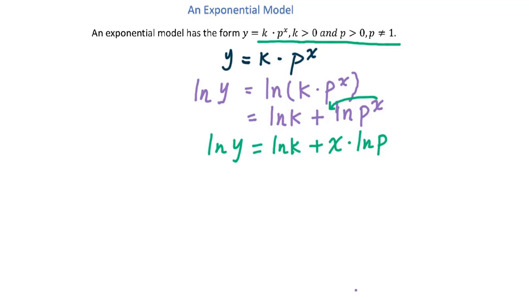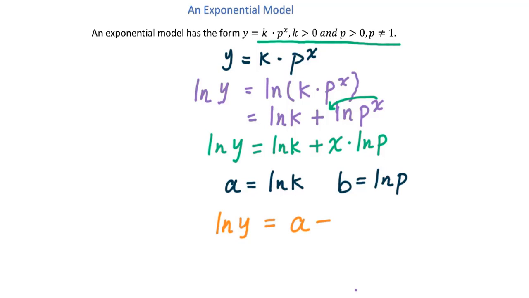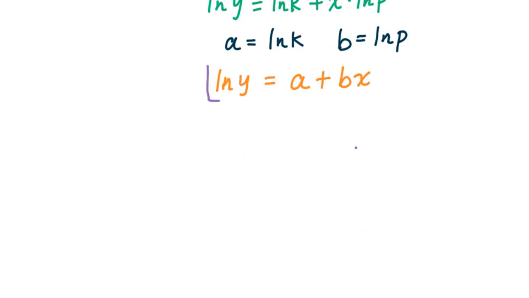Then we can set a equals natural log of k, b equals natural log of p. Therefore, you will get natural log of y equals a plus bx. From this equation, you could say there is a linear relationship between natural log of y and x.